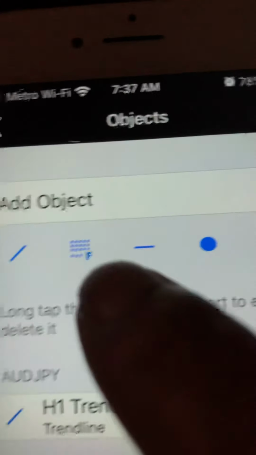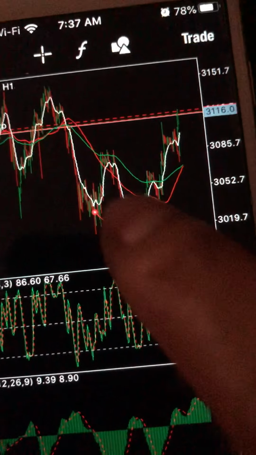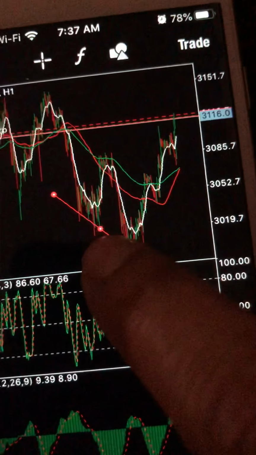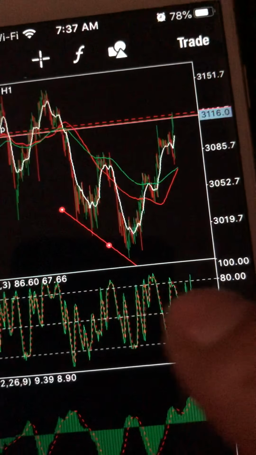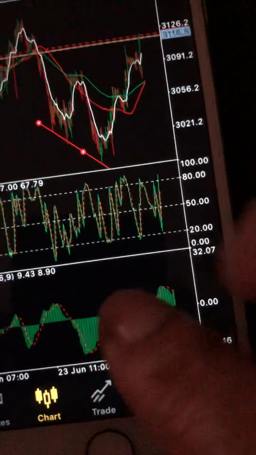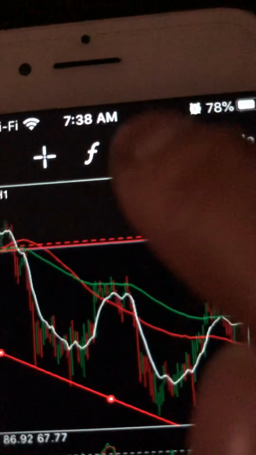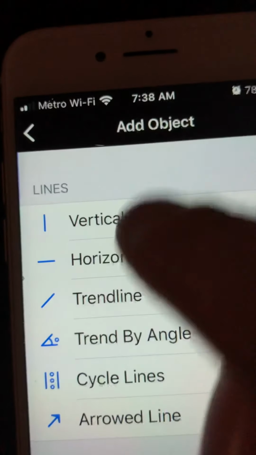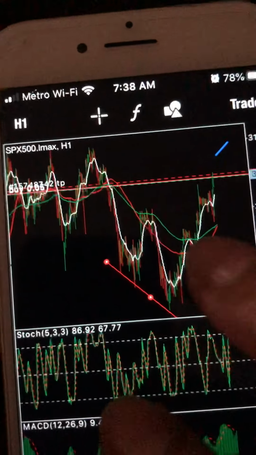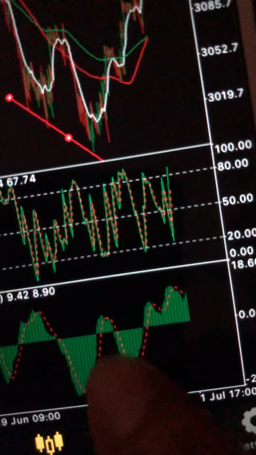Go up here to your pattern. Let's connect these. So that's how that connected. See, that's angling up, and then we can draw another one down here. Go to our shapes, get our trend line. And we can draw one on the histogram, on the MACD.